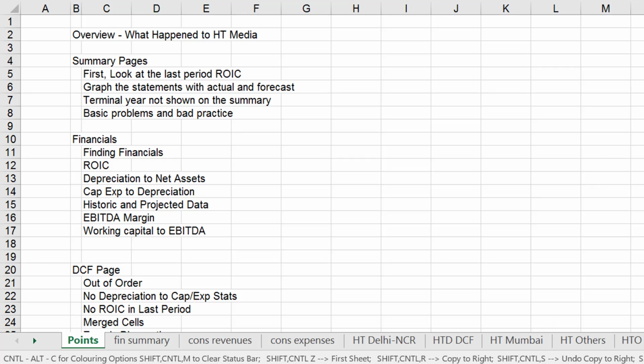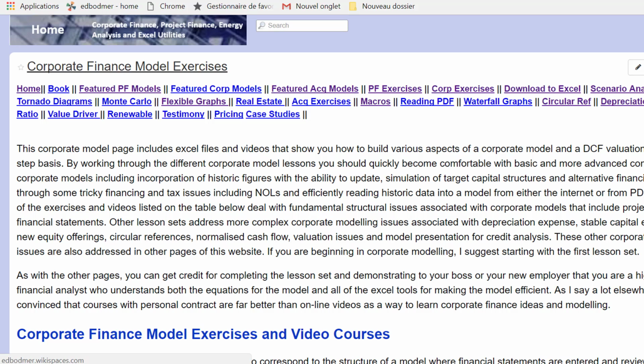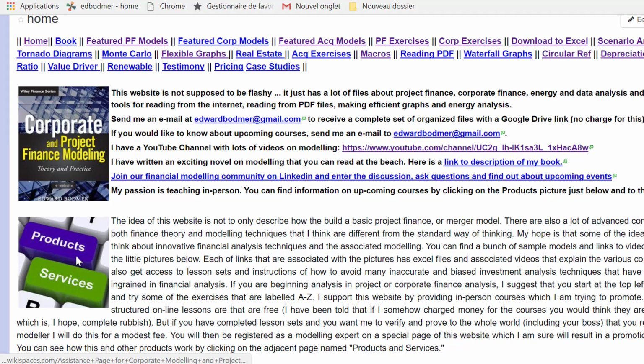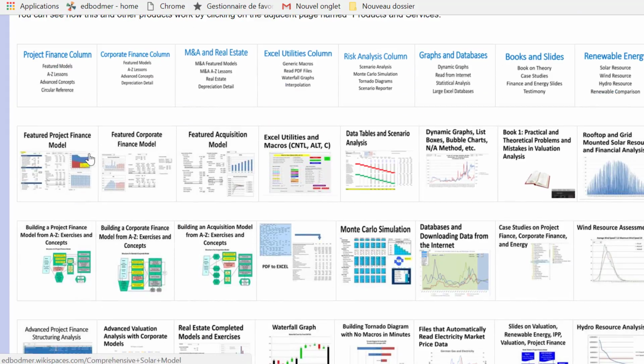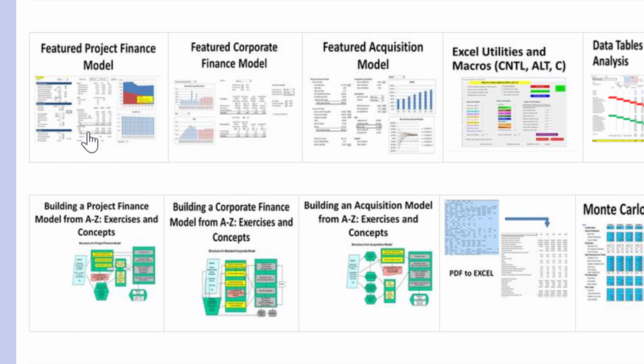So instead of making a video that is currently on my website here, one way to learn is going through some completed models, hopefully reasonably structured models, and try to understand how they're made.